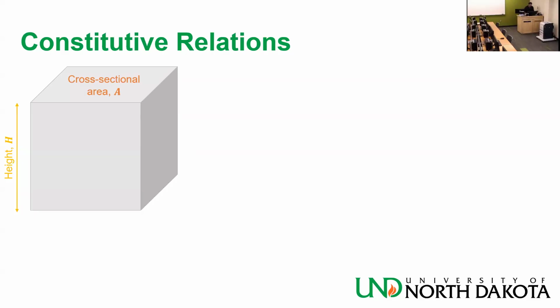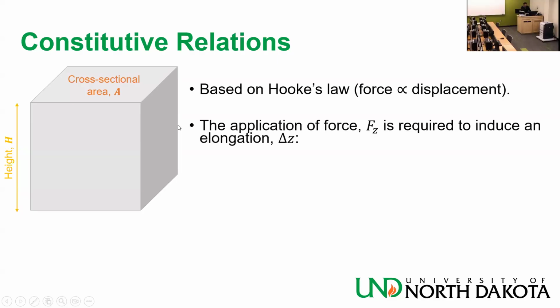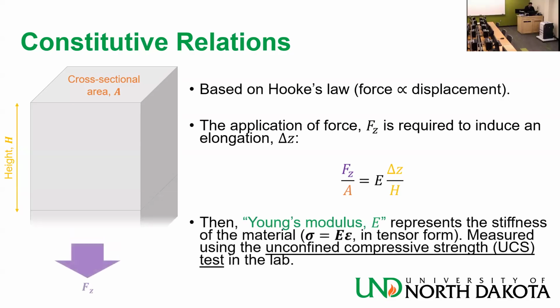So, a block of height H, cross-sectional area A. I apply stress on it, I pull it somehow, don't ask me how, but I apply a force Fz by pulling it down, and it will elongate by an amount delta Z, like this.